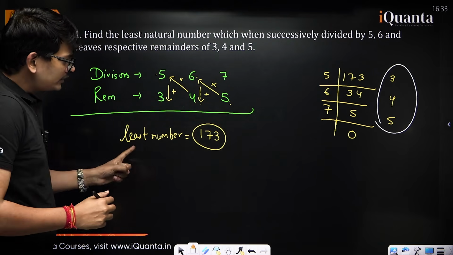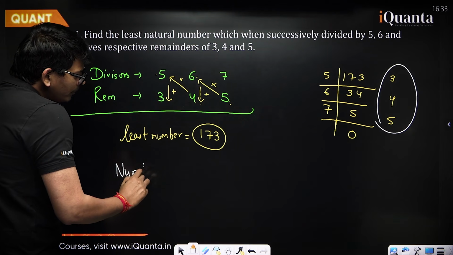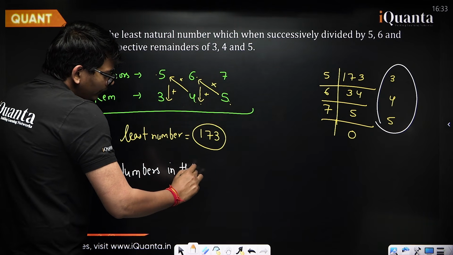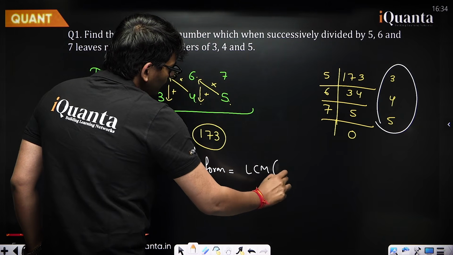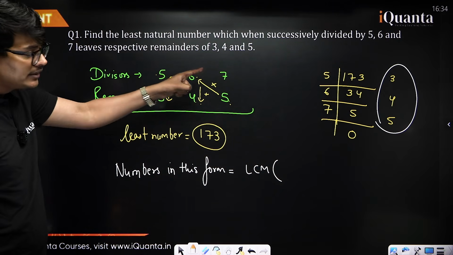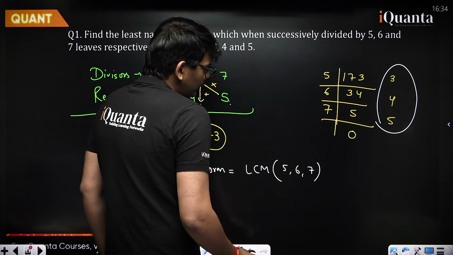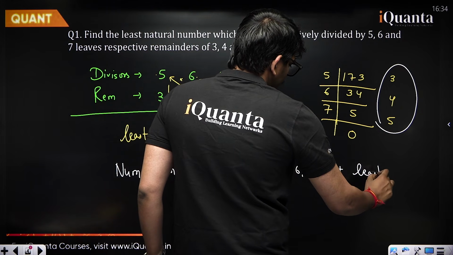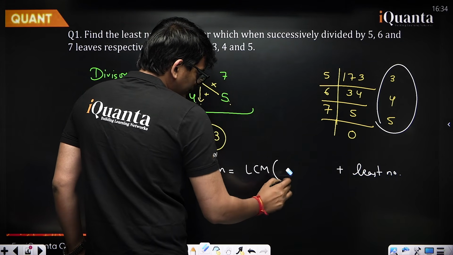The least number in this way, and all the numbers in this form, will be LCM of divisors 5, 6, 7, into k plus the least number. Let me write down the concept.